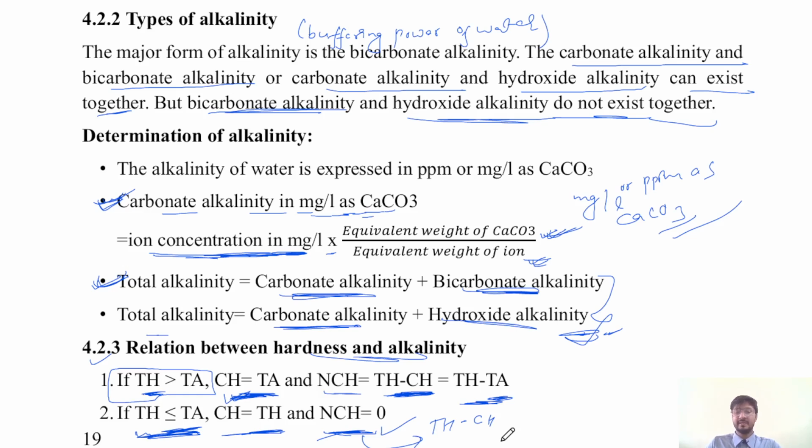This is especially important in determining scale formation and treatment method. TH is the total hardness, TA is the total alkalinity, CH is the carbonate hardness, and NCH is the non-carbonate hardness.